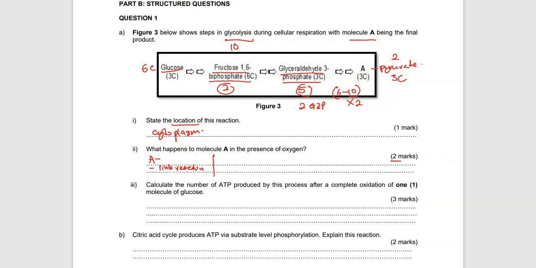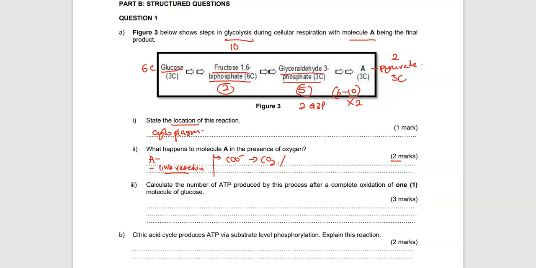But for further explanation, you may also include it in your answer if the question is worth more than 2 marks. You could also mention that the process of link reaction involves removal of a carboxyl group as carbon dioxide, or that it undergoes the process of decarboxylation.